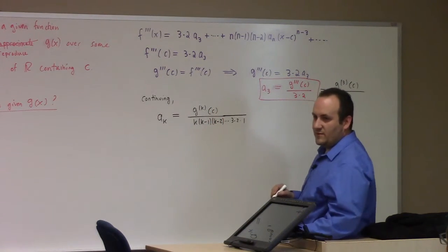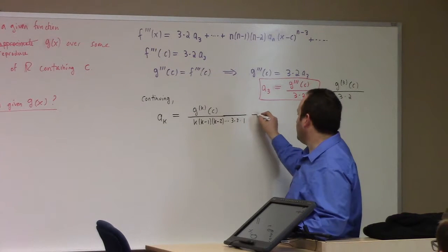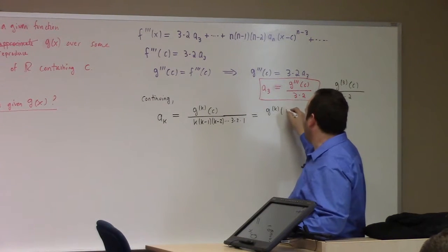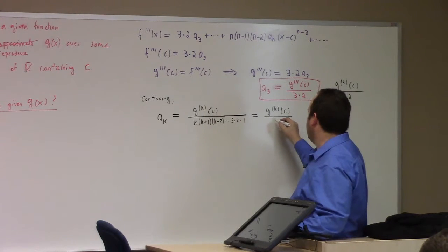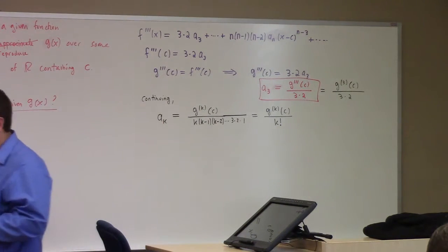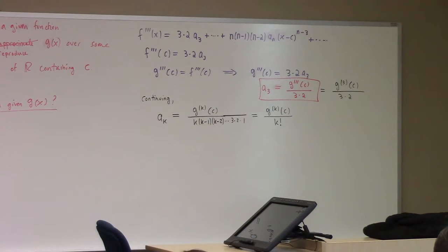Do you guys know a nicer way to write that? Indeed. So this is the kth derivative of g evaluated at c divided by k factorial. That is the kth derivative of g. That's right, yeah.